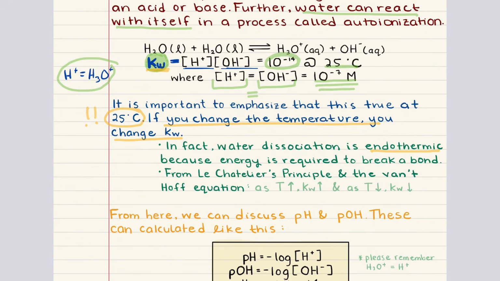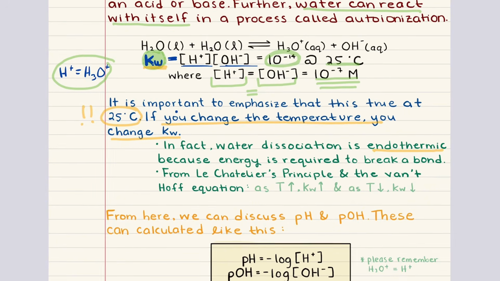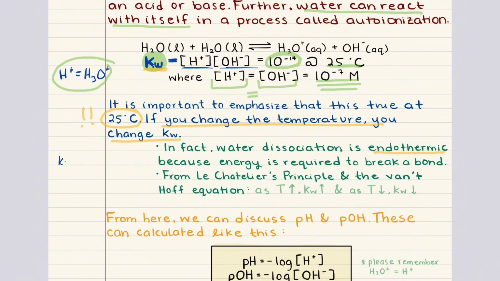Even though Kw changes with temperature, water is still considered neutral as long as the concentrations of hydronium and hydroxide remain equal to one another. However, the pH value that corresponds to that neutral state is not always exactly 7 at temperatures outside of 25 degrees Celsius.